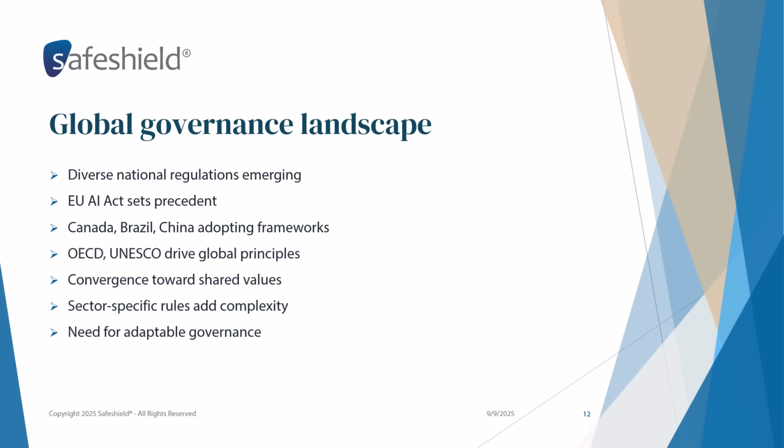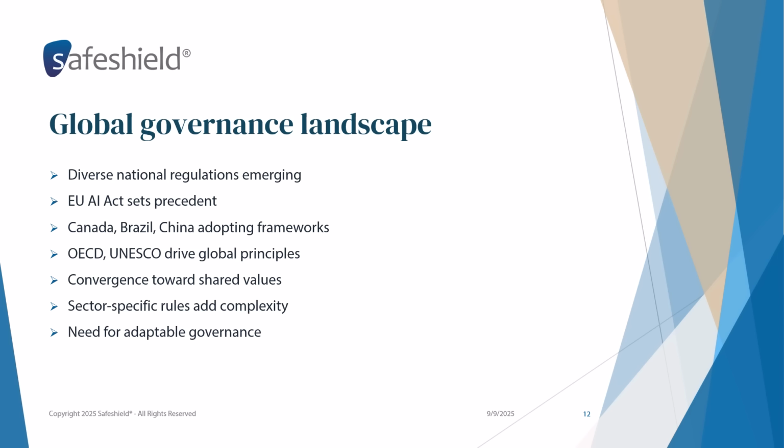At the same time, international organizations such as the OECD, UNESCO, and the G20 promote shared principles of fairness, transparency, and accountability. This signals a gradual convergence toward common standards, even if specific regulations differ.